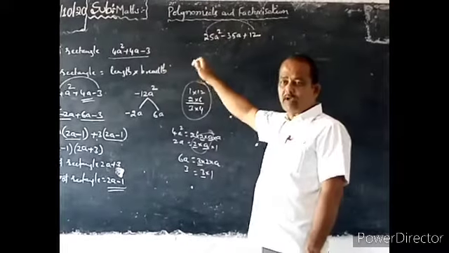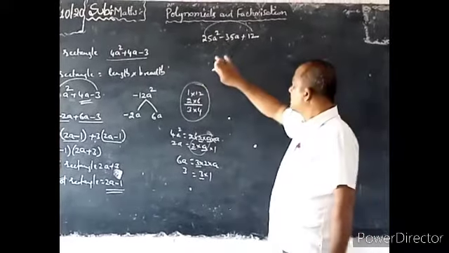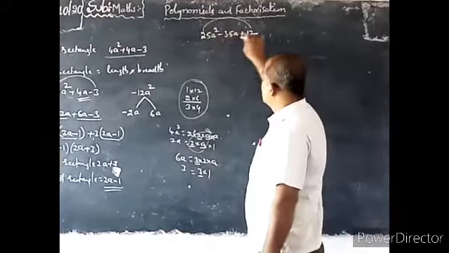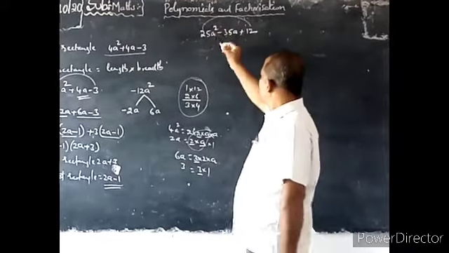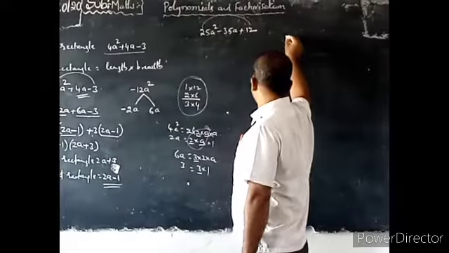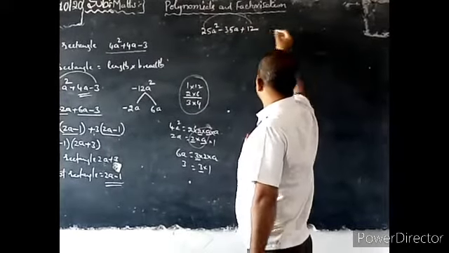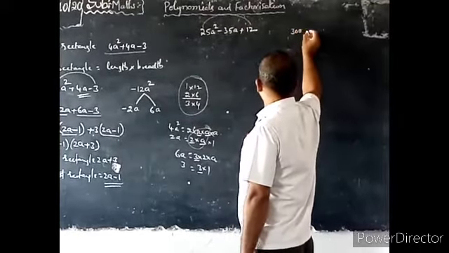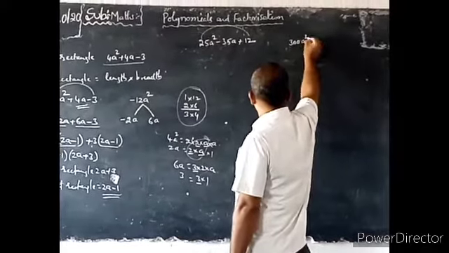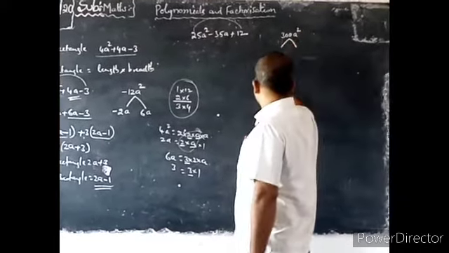Next, the area of rectangle formula is length into breadth. After that, you should take the given polynomial and factorize. To factorize, first and last terms multiplication: 25 into 12 gives 300a square.